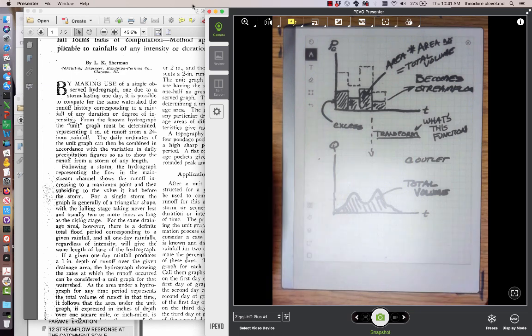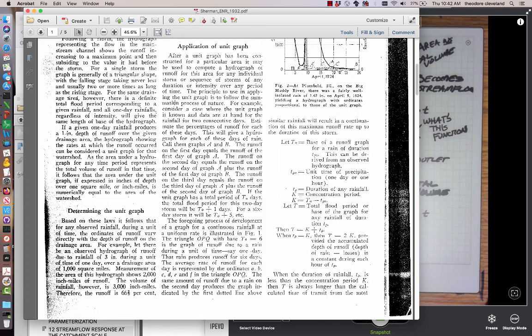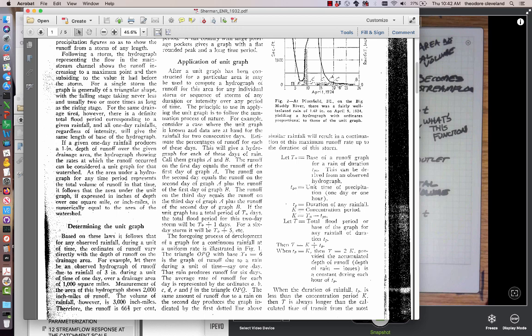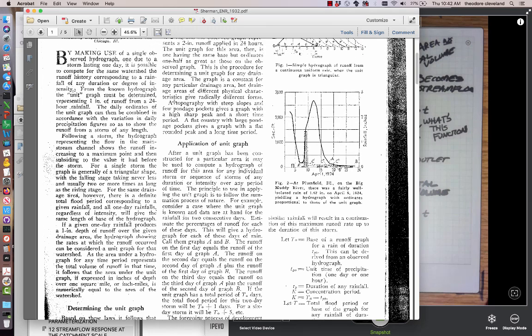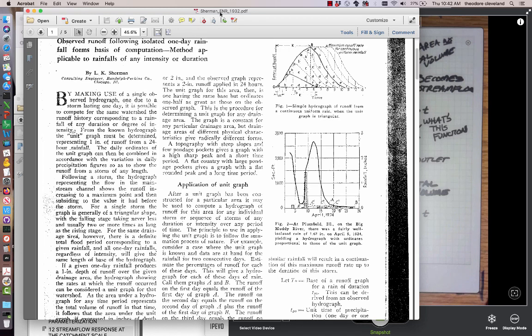Now Sherman's original paper, which this is attributed to the beginning of unit hydrograph concept, surely he had learned of it somewhere else. This can't possibly be the first one, but it's the first one that's recognized in the literature.